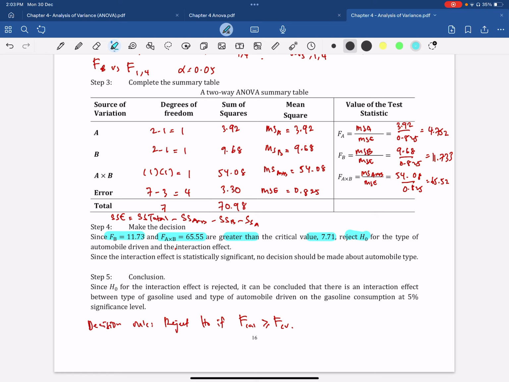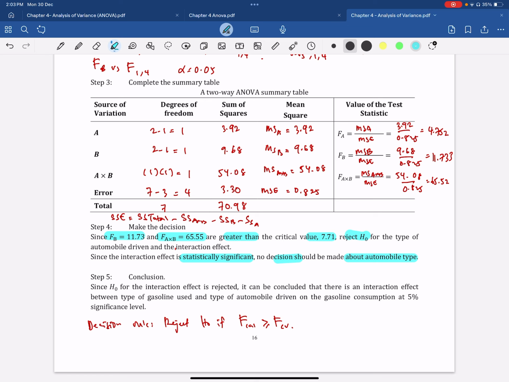Okay, and since the interaction effect is statistically significant, no decision should be made about automobile type. It means that suppose one of the independent variables rejects the null hypothesis, and the interaction also rejects the null hypothesis.